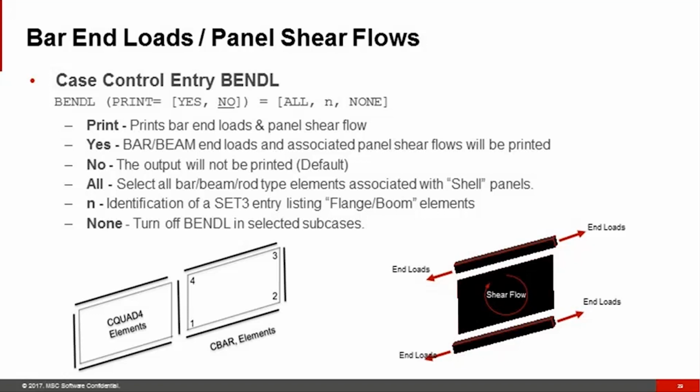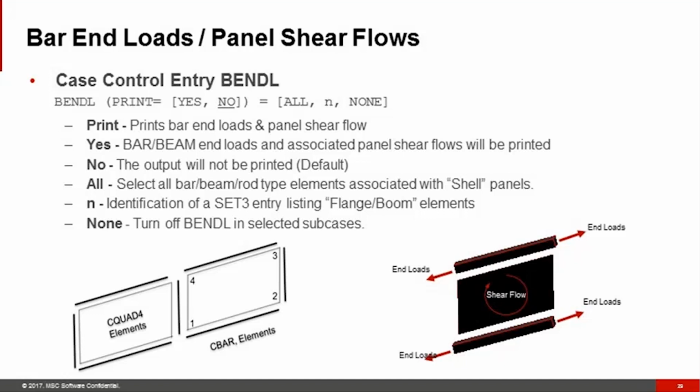Before, you had to extrapolate the results or use Patran to do such a thing, but now in MSC Nastran 2018.2, you can simply request the case control entry BENDL, and that will provide you the results. So you have the option to print, where it will print the bar end loads and shear panel flows to the F06.